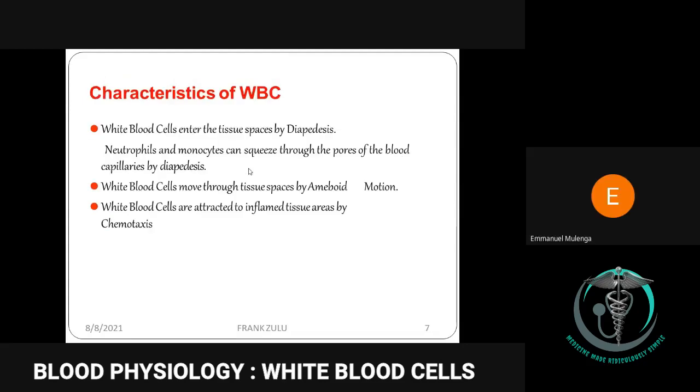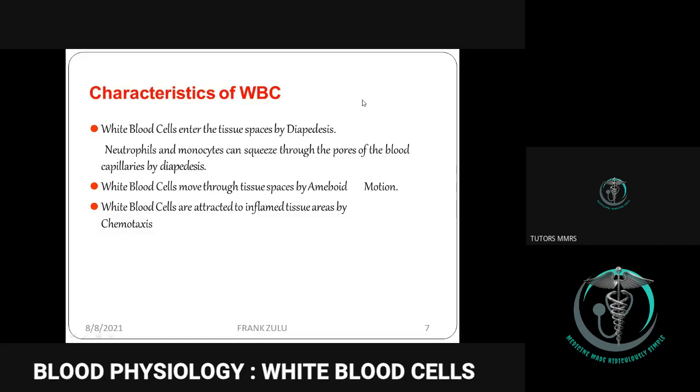Yes, sir. Okay. So remember diapedesis, which I think we explained when I was looking at blood cells in anatomy. When white blood cells enter tissues, that is called diapedesis. Maybe this is cell 1 and this is cell 2.